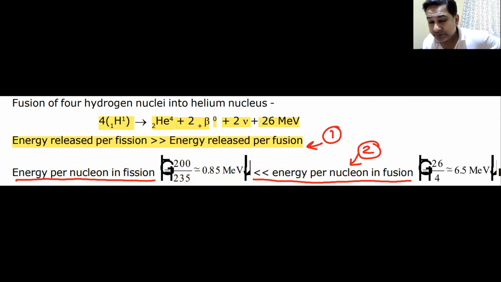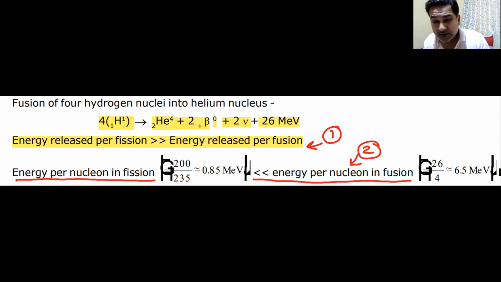Per reaction, the energy in fission is very high, but per nucleon, the energy is very less. Do we understand this? Yes, sir. If you compare the energy in one reaction, the energy in fission will always be very high.